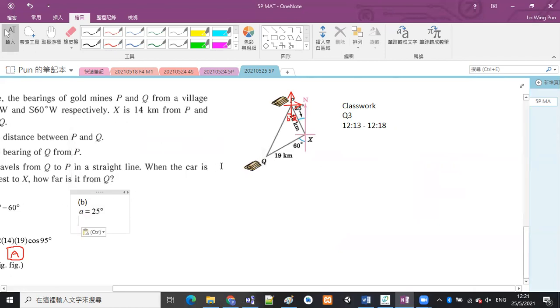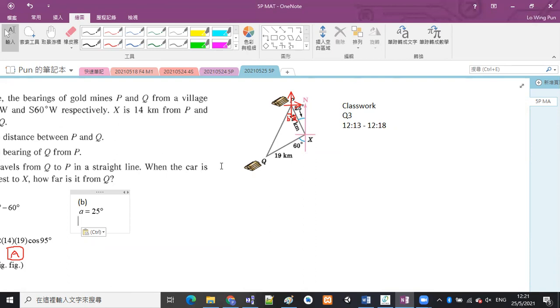And then the required angle is B, right? But B is a part of angle QPX. If we can find angle QPX, the whole angle, then we can just take away the little a. Subtract the little a, and the remaining part will be the little b. That is the required angle.